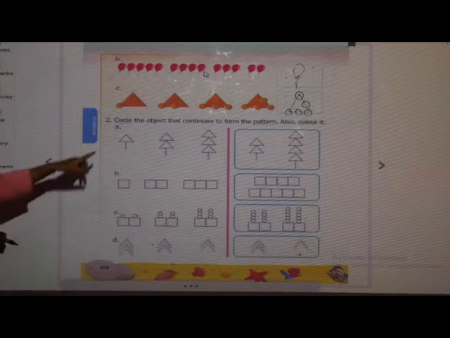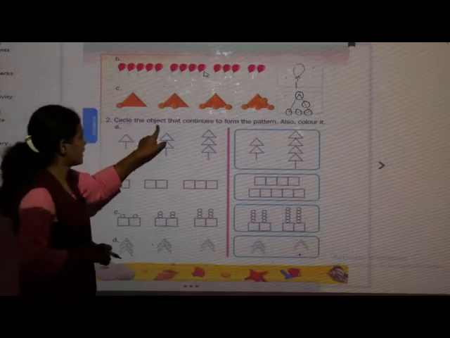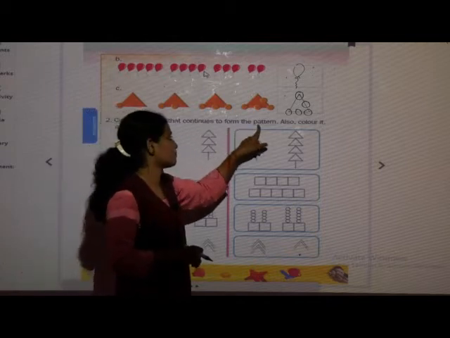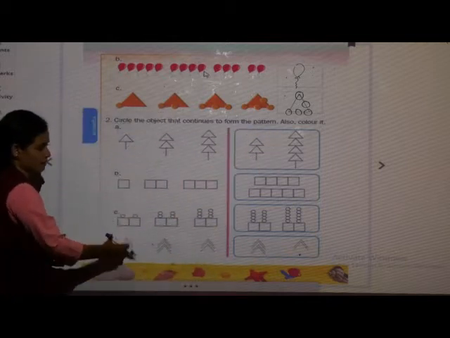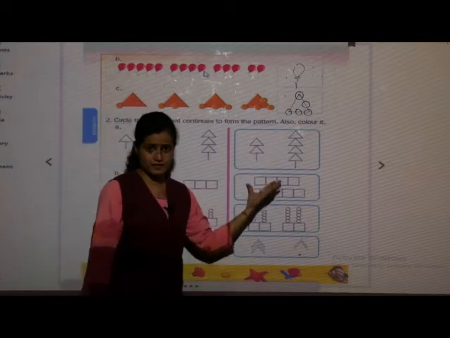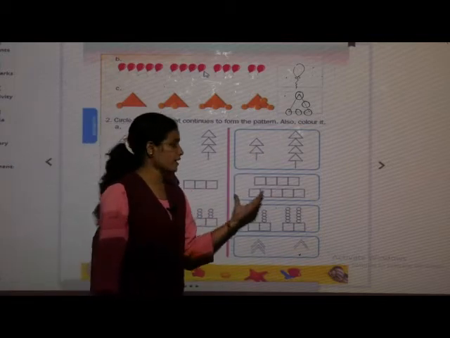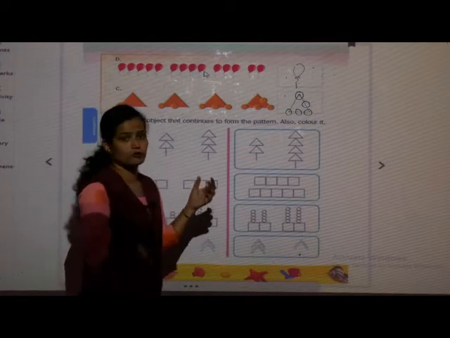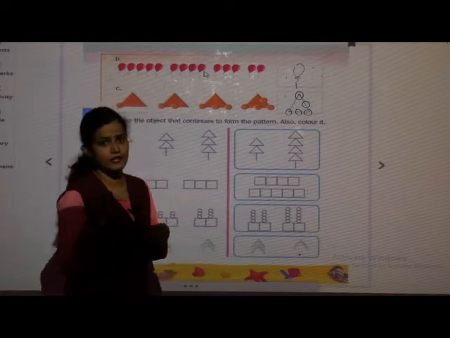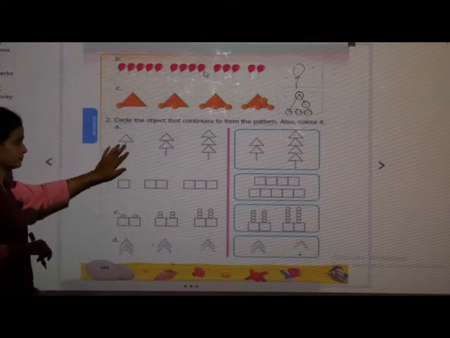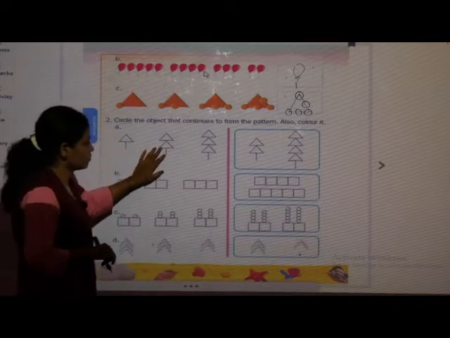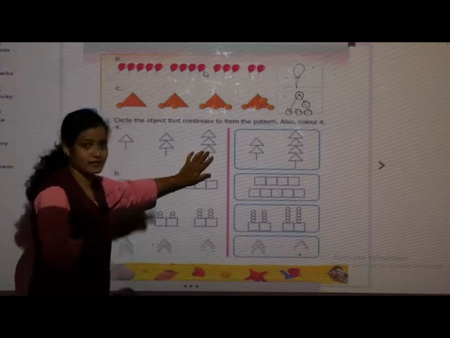Finish. Next, question 2. Circle the object that continues to form the pattern, also color it. See, here they have followed the pattern, and a part of that pattern is given. So which part is correct to follow the pattern, that you have to circle. Now, here see one triangle, 2, 3, it is increasing.